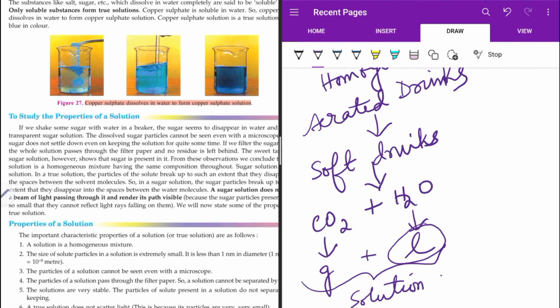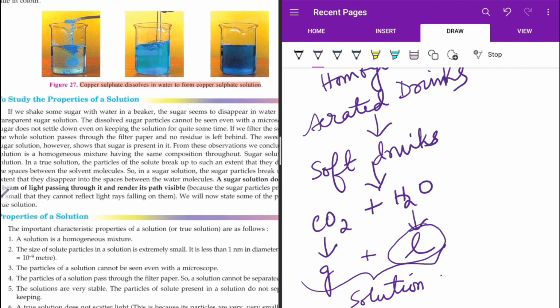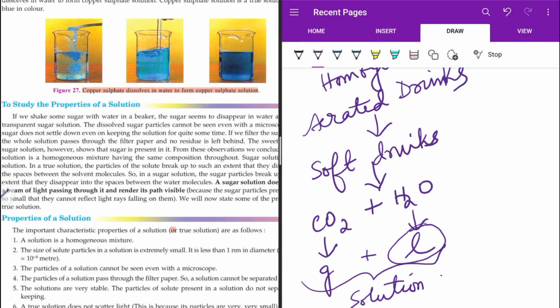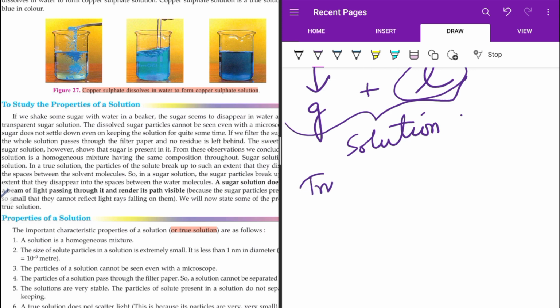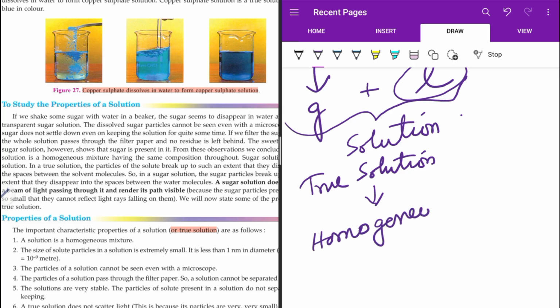Now the properties of the solution. What type of solution are we talking about? True solution. True solution means a homogeneous solution. What is a true solution? A true solution actually means a homogeneous solution. And what is a homogeneous solution?